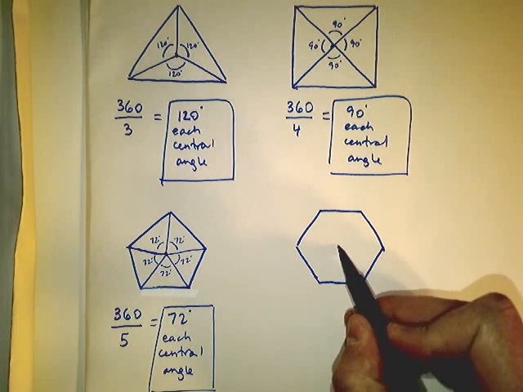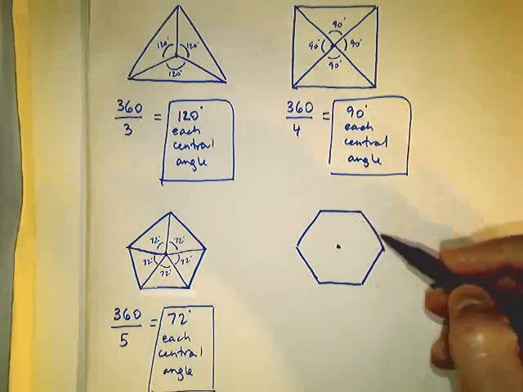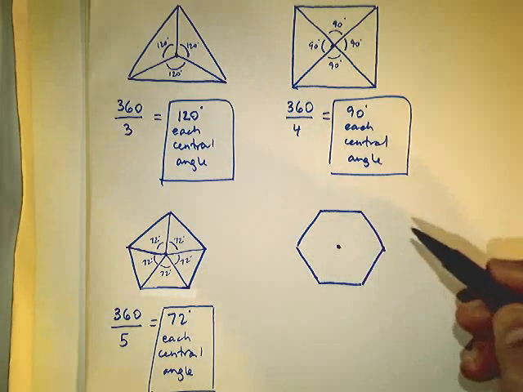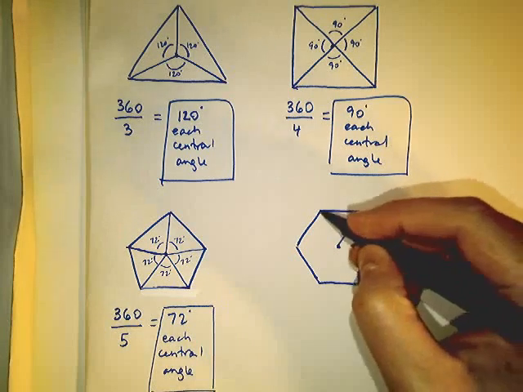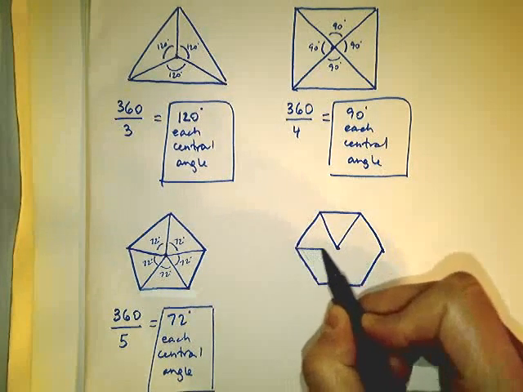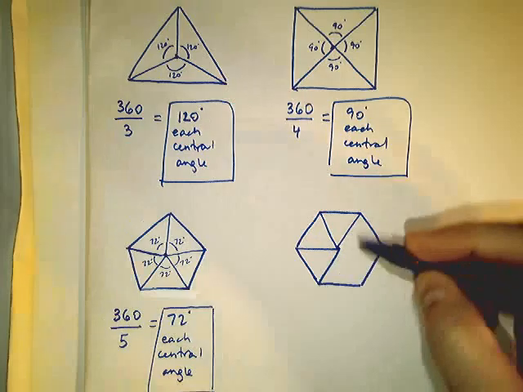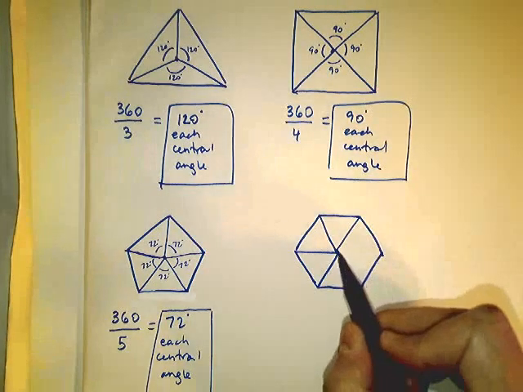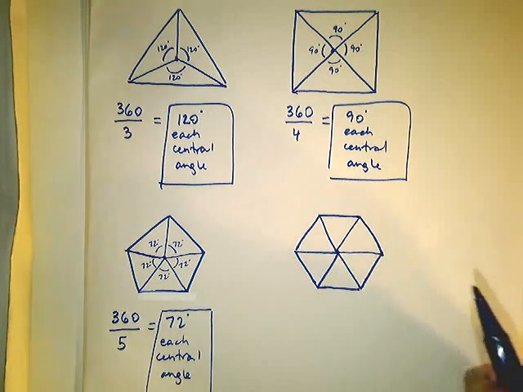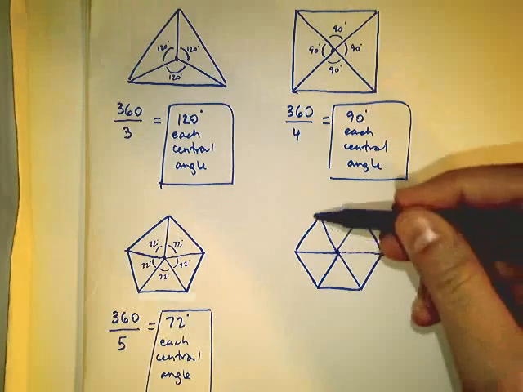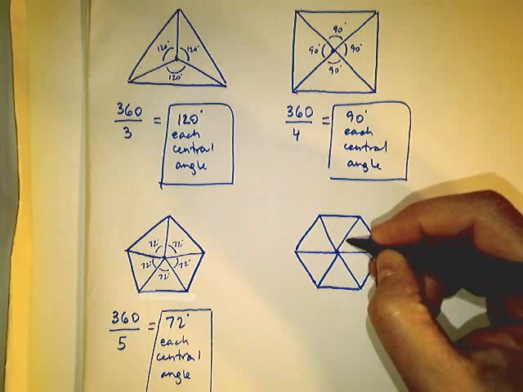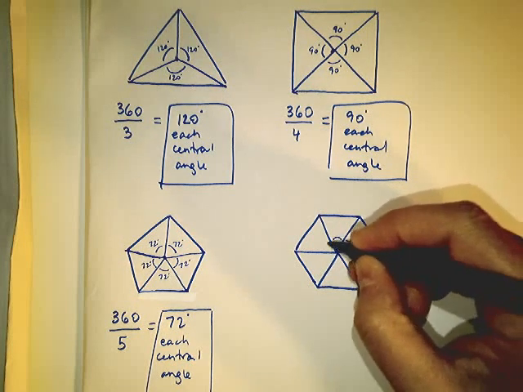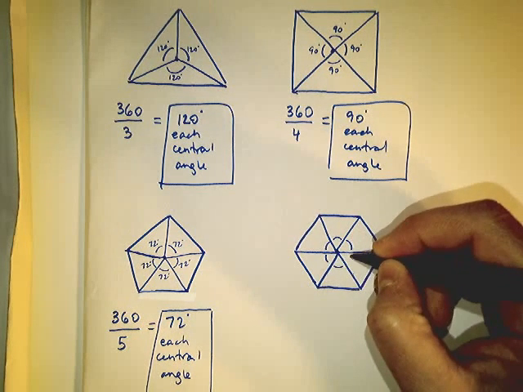I think the center will be about right there. I tried to draw this shape with 6 sides, each equal in length to the other sides. There is my regular hexagon. And if I draw in all the radii inside, there should be 6 of them. And then these are all my central angles. I again have 6 of them.